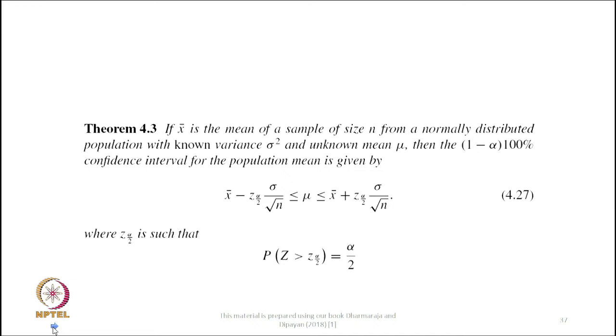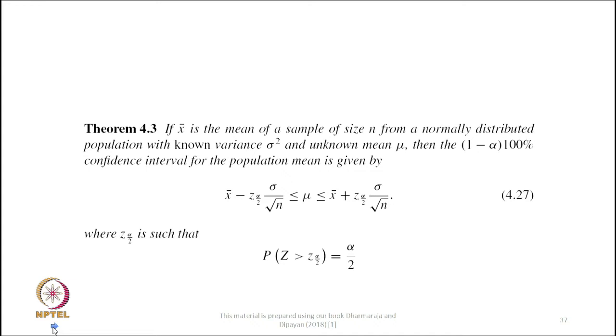That means, if you give the value of alpha, which always lies between 0 and 1, then I can conclude the interval estimation or confidence interval for the unknown parameter mu is going to be this much interval with 1 minus alpha 100%.